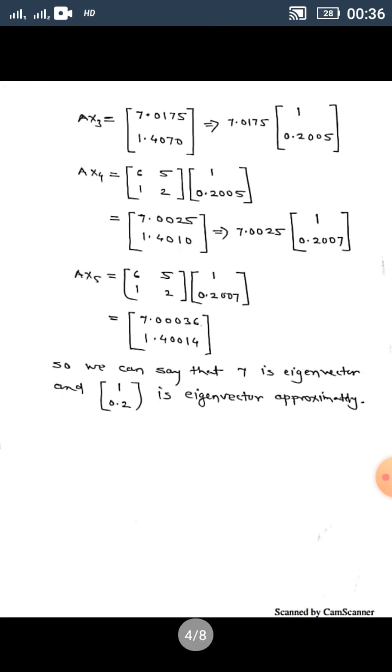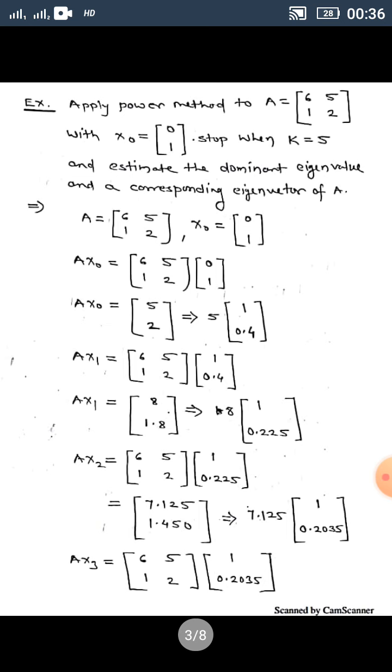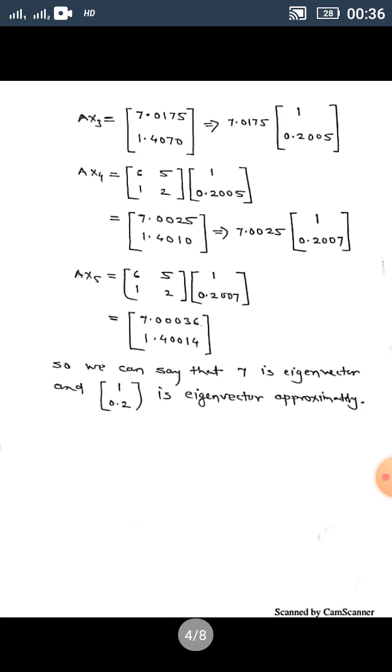So Ax3, 6 5 1 2, with 1, 0.2035. Now we multiply 6 into 1, 5 into 0.2035, the addition is 7.0175, and 1 into 1, 2 into 0.2035, the addition is 1.4070.